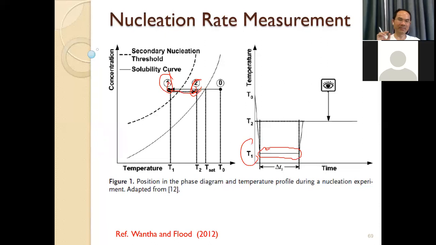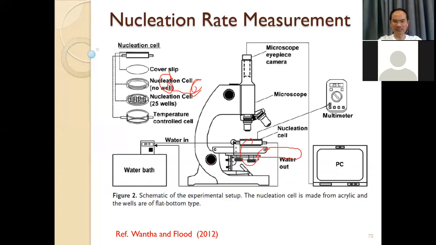We cannot detect it by the eye or by the microscope. At 0.2 we hold the temperature for some time to increase in size. When the size of the crystal increases, you can detect it, and then you can count the number of crystals. This is an example of a technique to determine the nucleation rate.